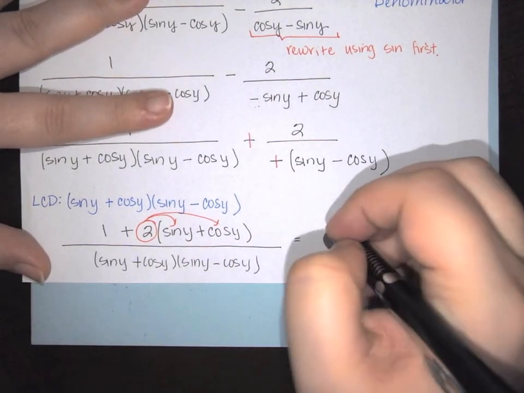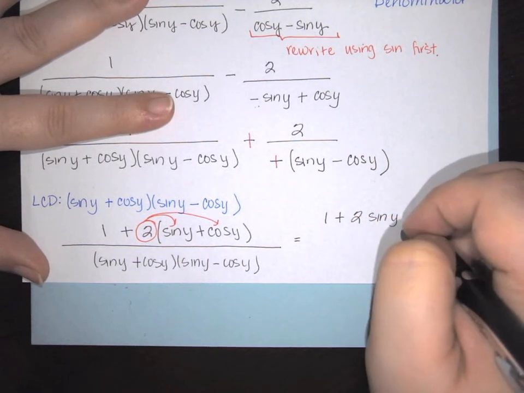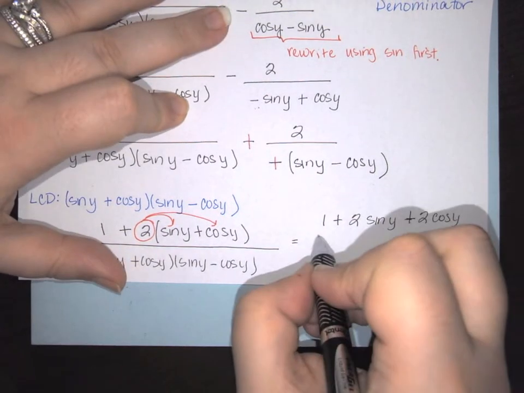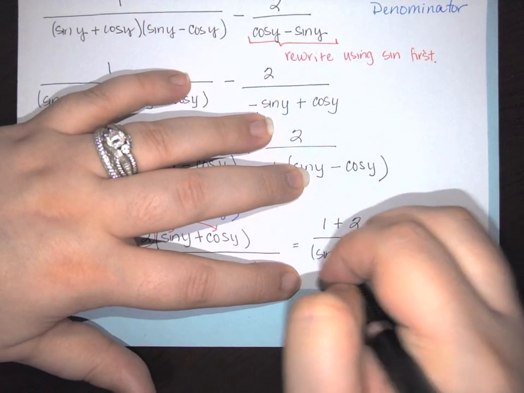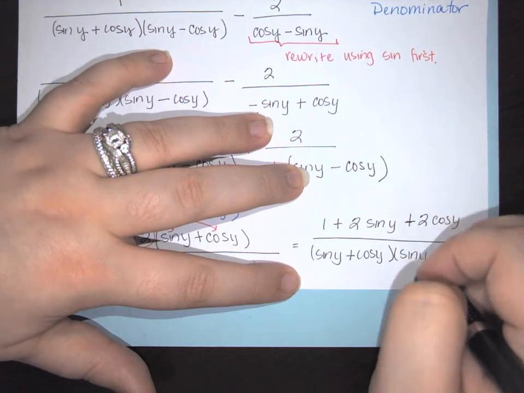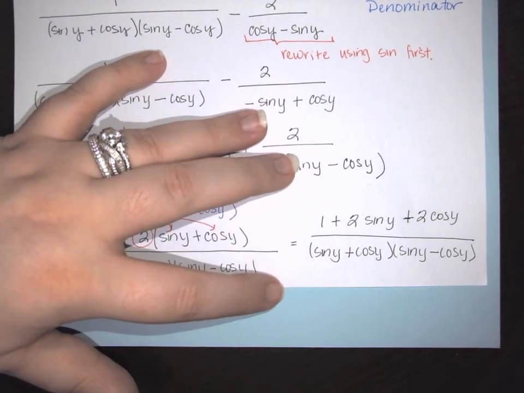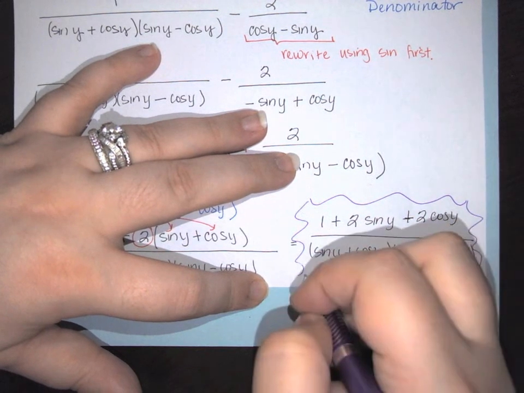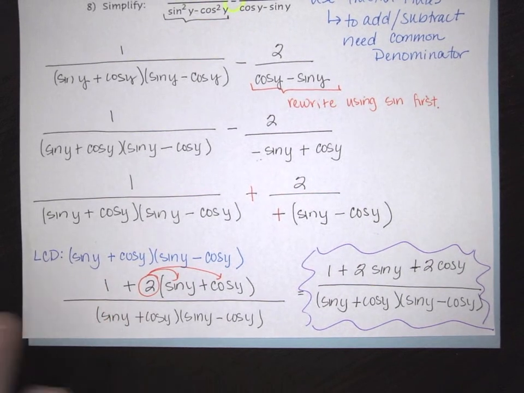And so here we end up with 1 plus 2 sine of y plus 2 cosine of y all over that common denominator, sine of y plus cosine of y times your sine of y minus the cosine of y. And this is our combined fractions in its most simplified form.